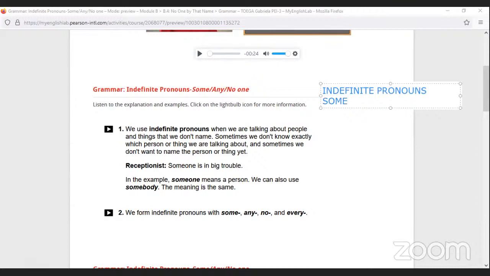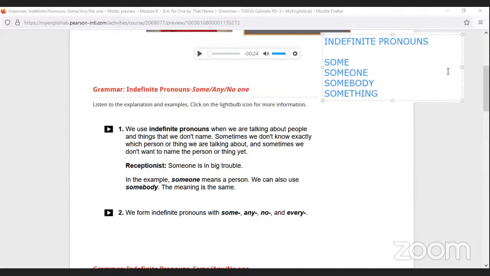With some, we will have someone, somebody, and something. So we have these three variables about some.